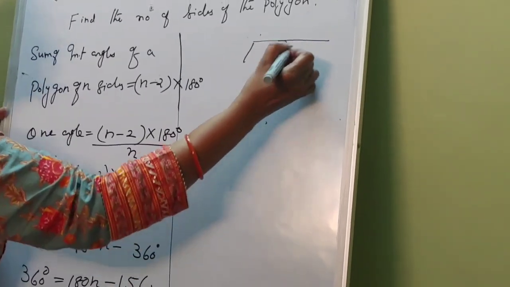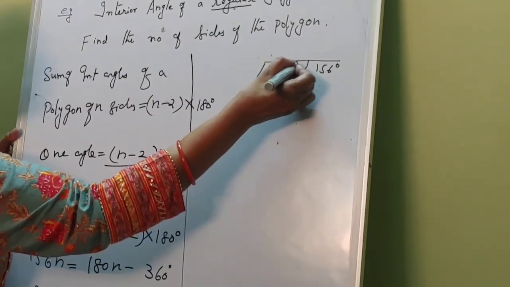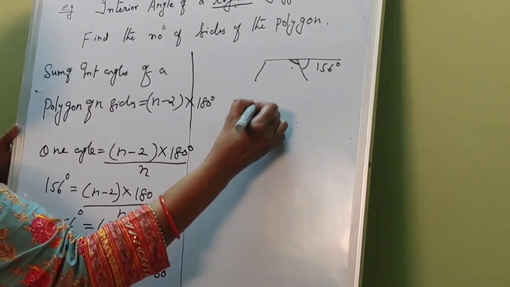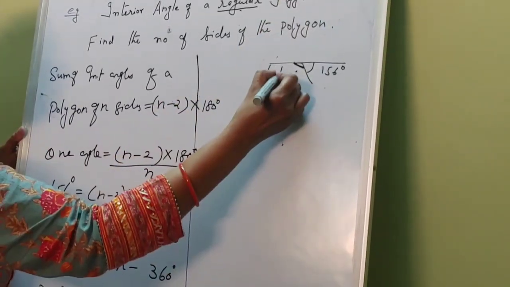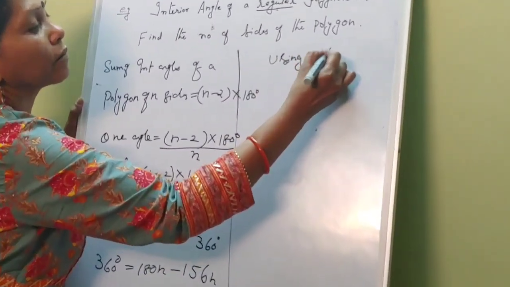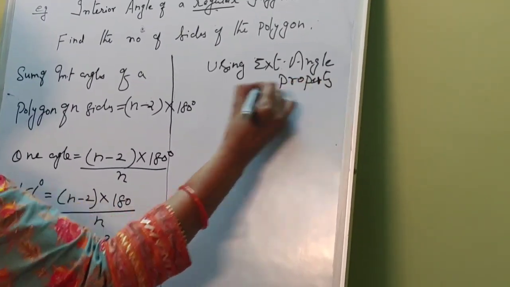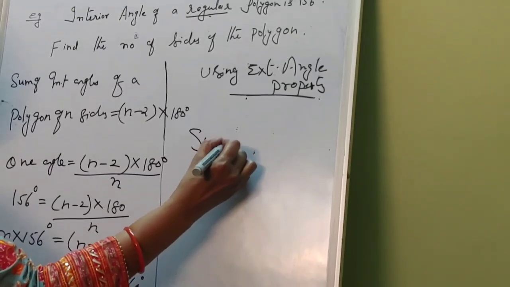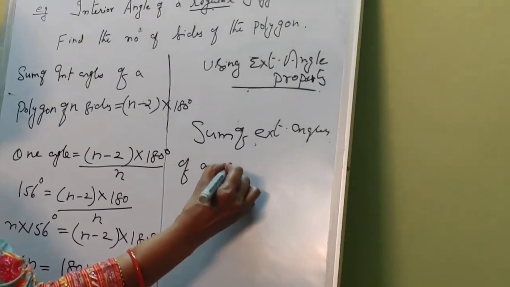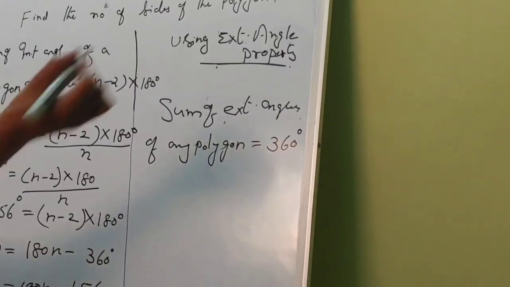The interior angle was given as 156 degrees. Using the exterior angle property, we know the sum of exterior angles of any polygon is 360 degrees. But we have been given the interior angle.